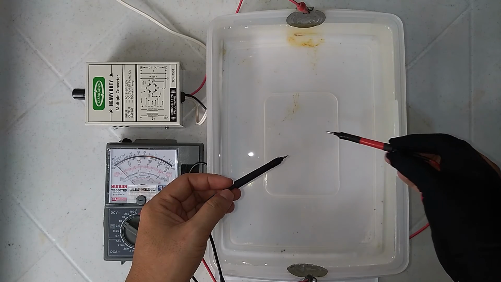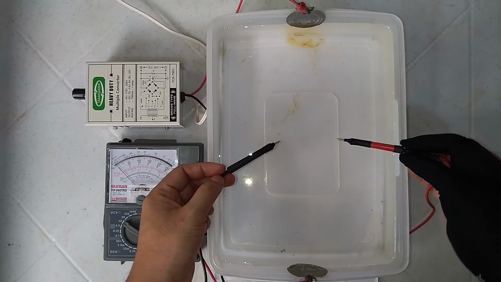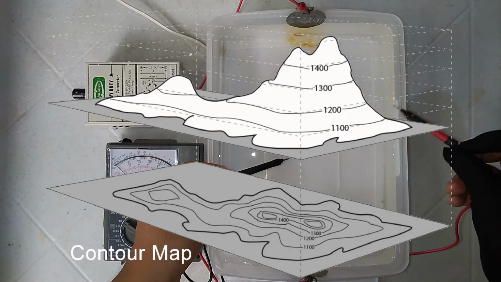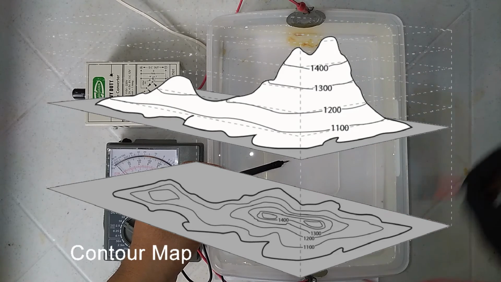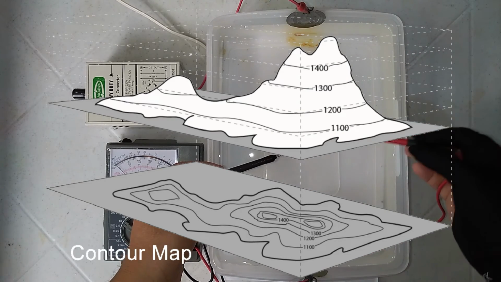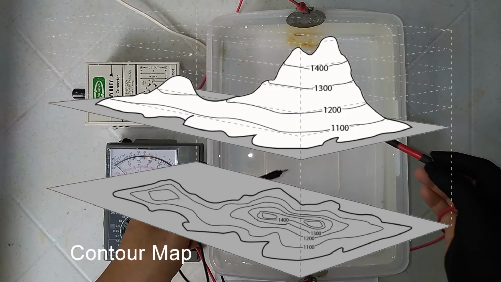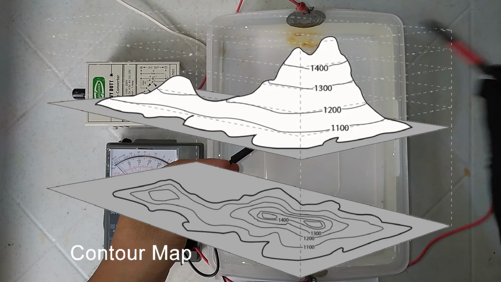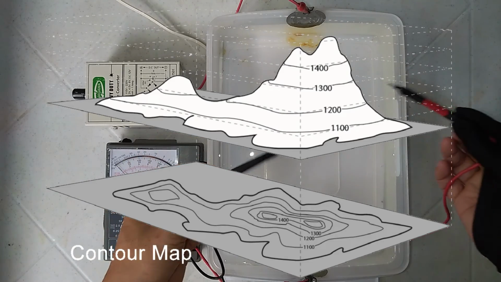Also, if you have seen contour maps, you will notice there are lines that represent the same elevation. And if they are at the same elevation, then there is no change in potential in traversing those lines.